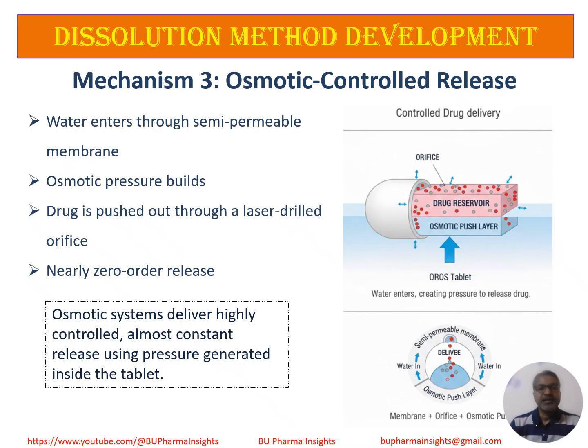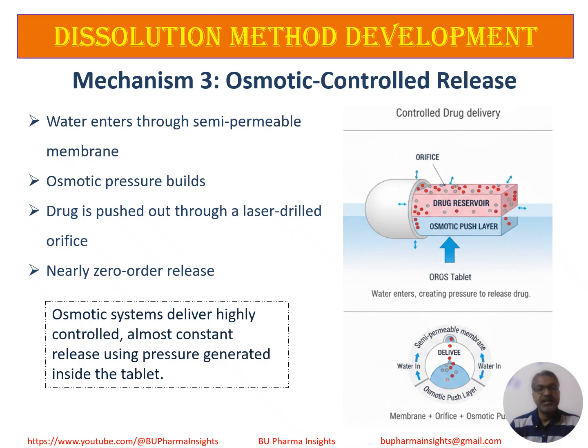In osmotic drug delivery systems, release is driven by osmotic pressure, not by erosion or diffusion. Osmogens like sodium chloride, potassium chloride, or sugars attract water into the tablet through a semi-permeable membrane. As water enters, osmotic pressure builds and the drug is pushed out through a laser-drilled orifice.